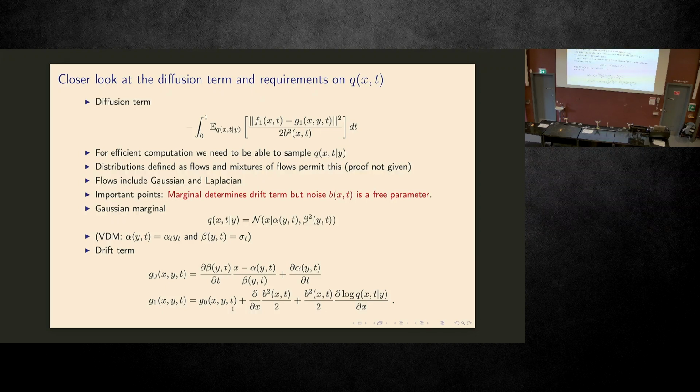But I think it's very useful to think about this: the generative model is a big U-Net, and it's an explicit function of t.